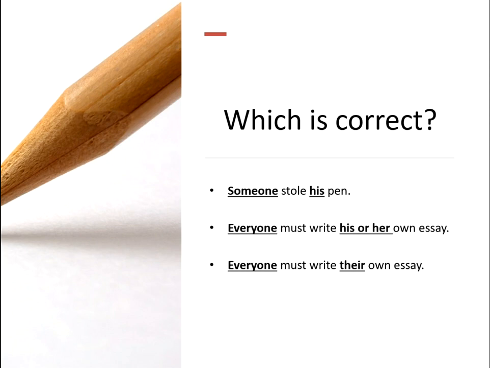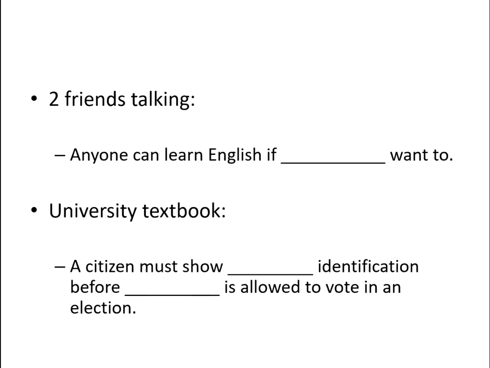So with indefinite pronouns, the rule says I need to use he or she or his or her, but most people, when they're speaking in an informal situation, will use the plural pronoun: they, their, them. Everyone must write their own essay. Let's look at these 2 situations.